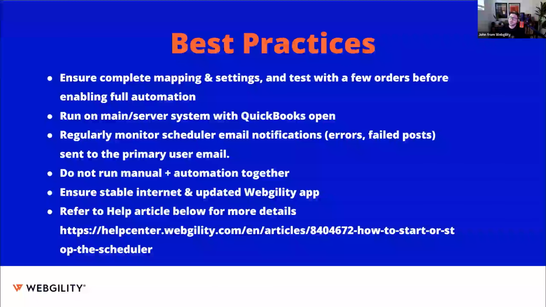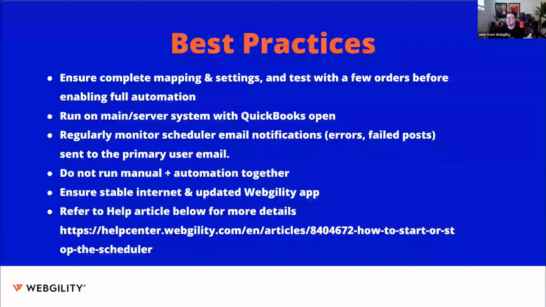So go into that system tray at the bottom right hand of the screen, right click the Webgility scheduler, the Unify scheduler icon, and then hit stop on it or exit out of it completely if you want to be 100% sure. But that'll turn it off. That'll make sure that the automation is not running so that you can do things manually and things don't get duplicated.